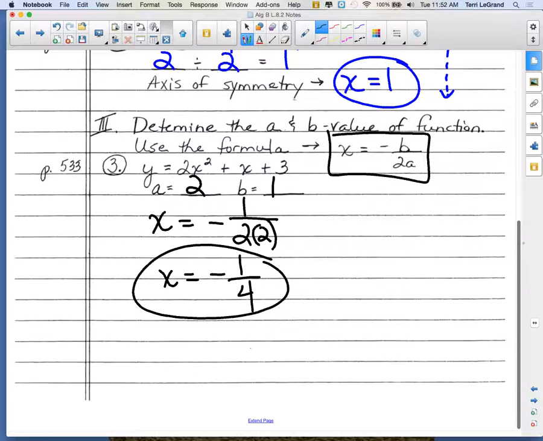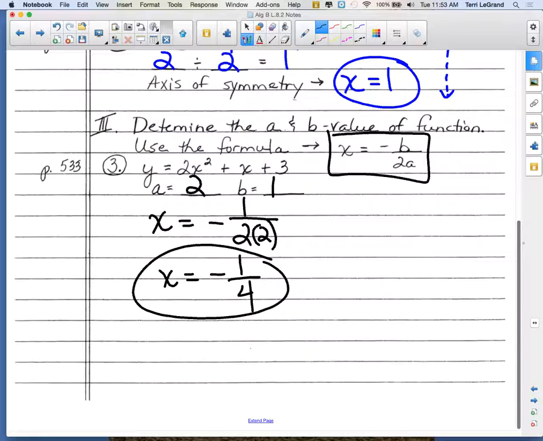From a graph, do you think we would have been able to pick that out? No, it wouldn't have fallen on a grid line anywhere. It would have been hard to tell. So that's why the formula will always save us. This is the method that will always help us out. If we have the equation, we can use this little formula to help us get the axis of symmetry.